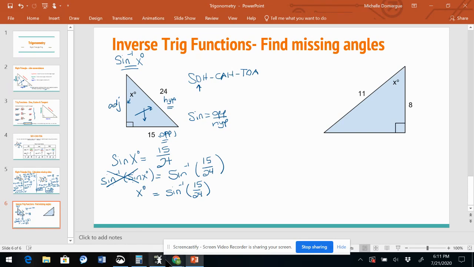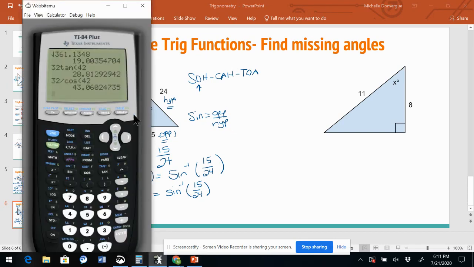So we can do that again on our graphing calculator. I want to go to inverse sine. So I press second function, the blue button here, and my sine. And you can see inverse sine pops up. I'm going to enter my ratio in there, 15 divided by 24, and I press enter.